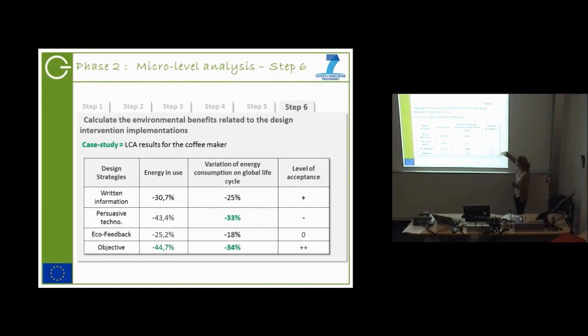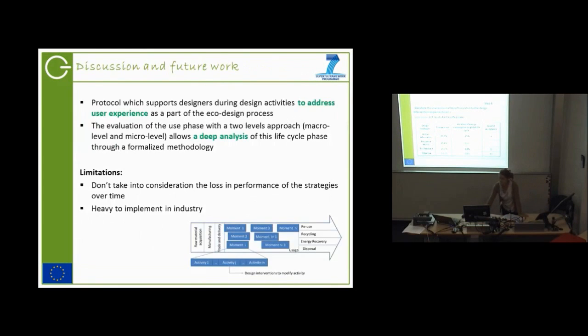And finally, we can also link this result with the level of acceptance of the user regarding the strategy. For example, the persuasive technology strategy, which forces the user to automatically switch off the machine, is not really well perceived, so maybe it's not the best strategy to implement on the product. So to summarize, this protocol supports designers during design activity to address user experience as a part of the eco-design process.